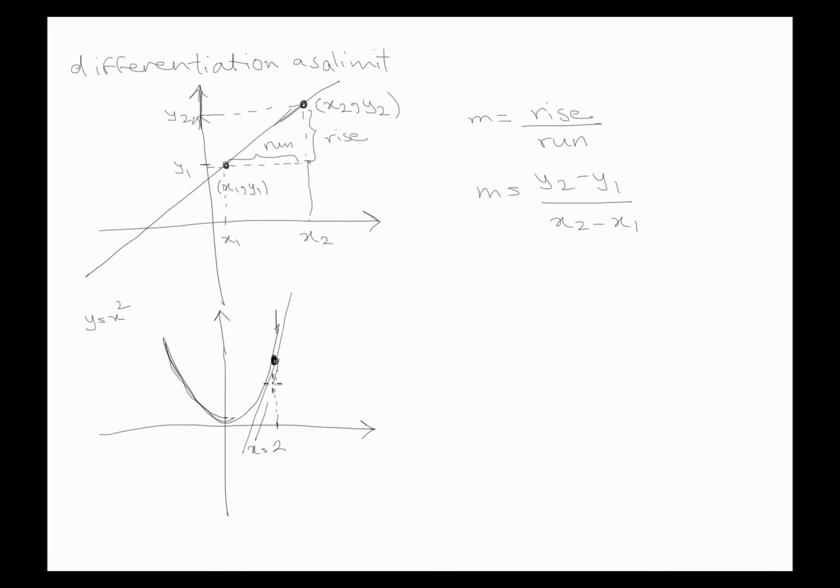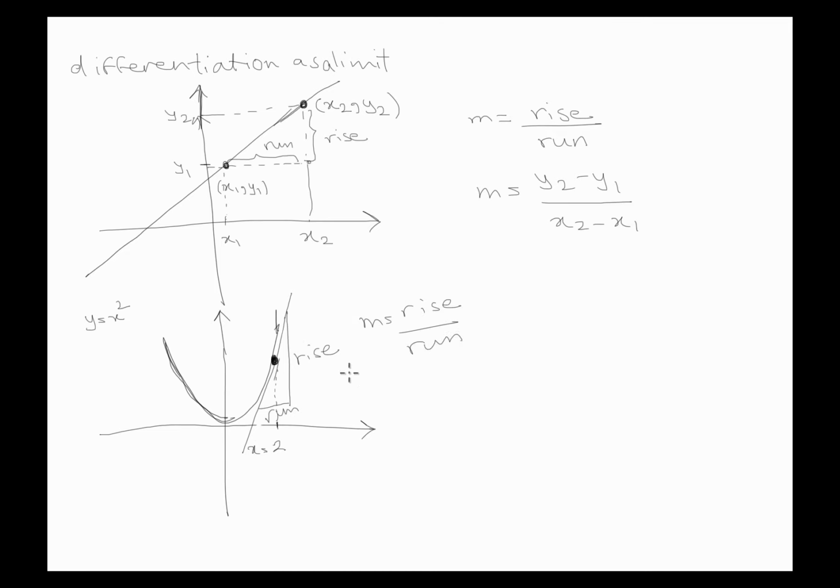Now I know that the gradient of this curve at that particular point x is equal to 2 is basically the same as the gradient of this tangent, right? So one way I could have found this value would be to figure out the rise and run of this tangent, and then my m is just rise over run.